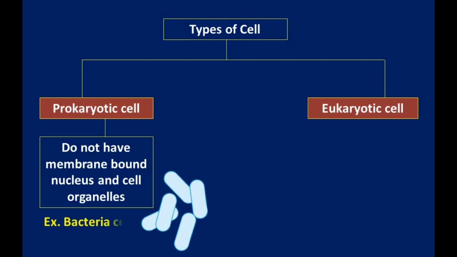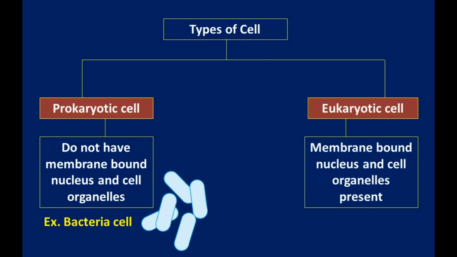Example, bacterial cells. These are prokaryotic cells. What is meant by eukaryotic cells? Nuclear membrane is present. Membrane-bounded nucleus and cell organelles are present. That type of cells are known as eukaryotic cells.